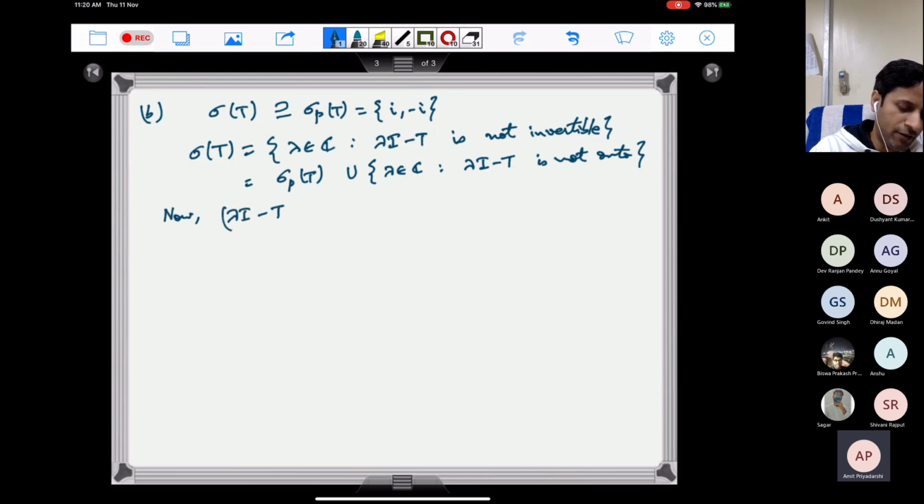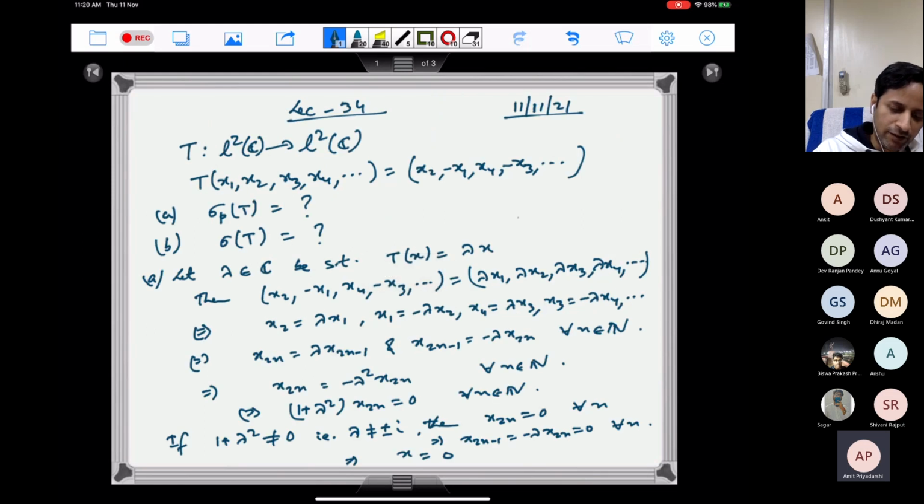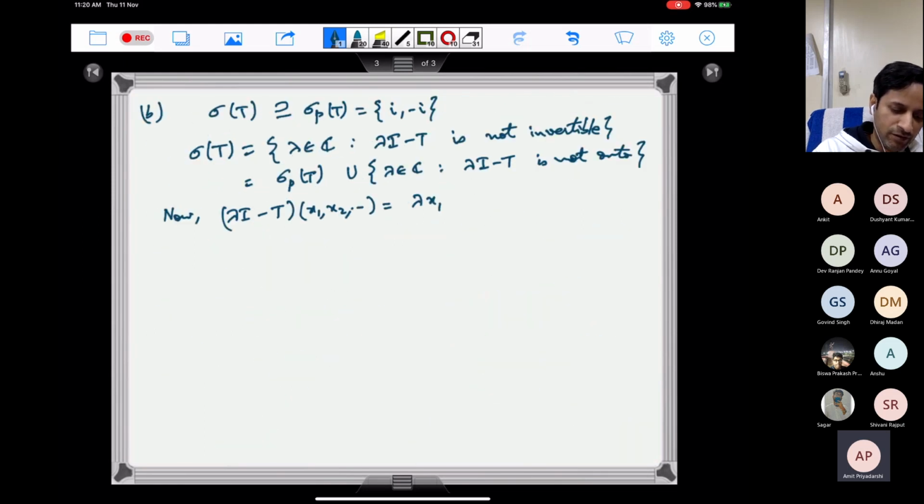So if I look at this lambda I minus T of any x, that will be lambda x1, lambda x2, minus T of (x1, x2). So you will get this is equal to lambda x1, and T of x gives x2, so minus x2, and then lambda x2.